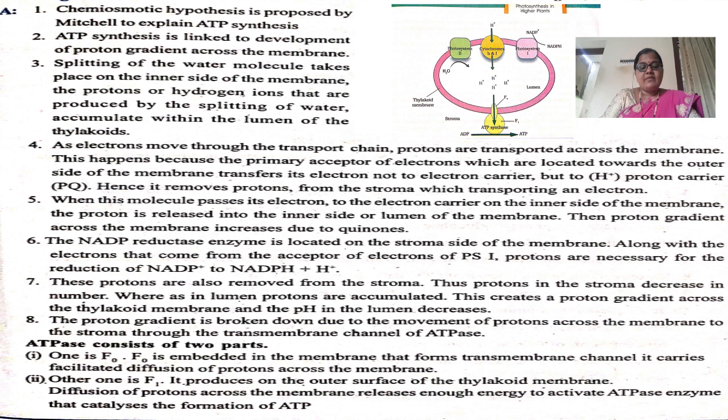While the electrons move in the transport chain, the molecules pass the electrons to the electron carrier on the inner side of the membrane, and the protons are released into the inner side, or lumen, of the membrane.